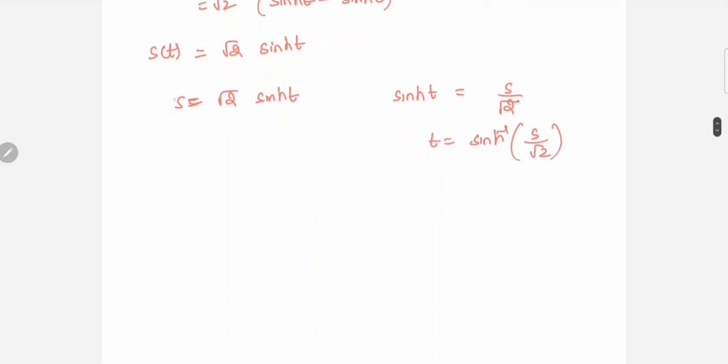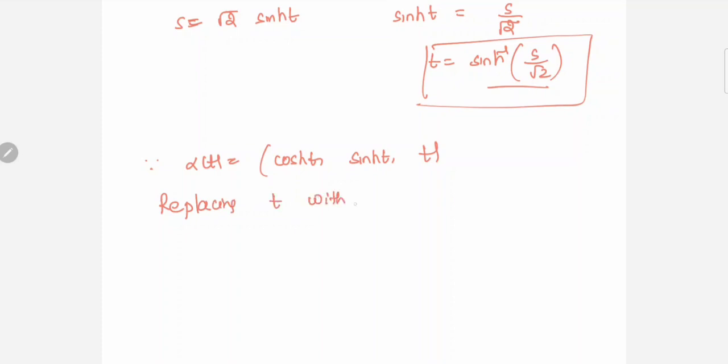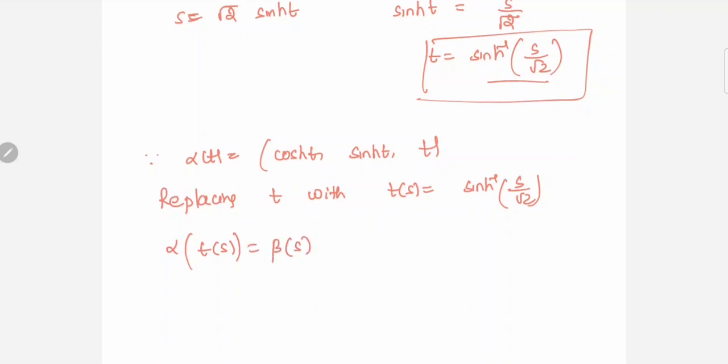Now we have to replace t with a function of s in alpha of t. We have alpha of t as (cosh t, sinh t, t). Replacing t with t of s, that is given by sinh inverse of s by root 2, we get alpha of t of s, which we can write as a function of s, beta of s.